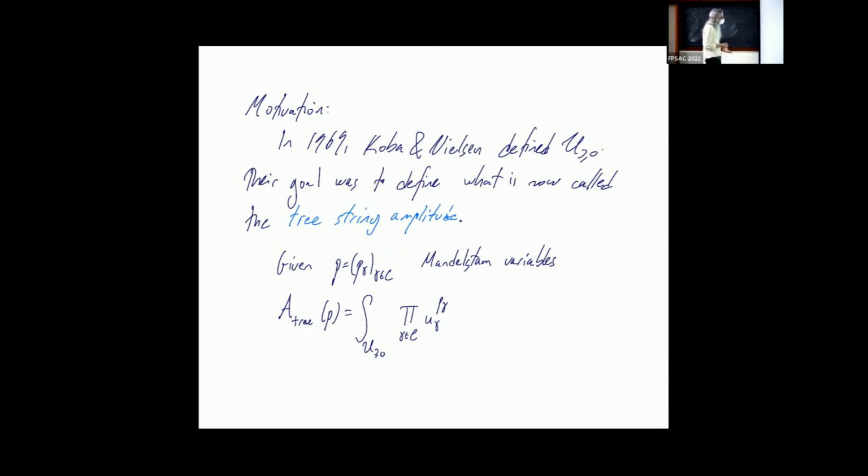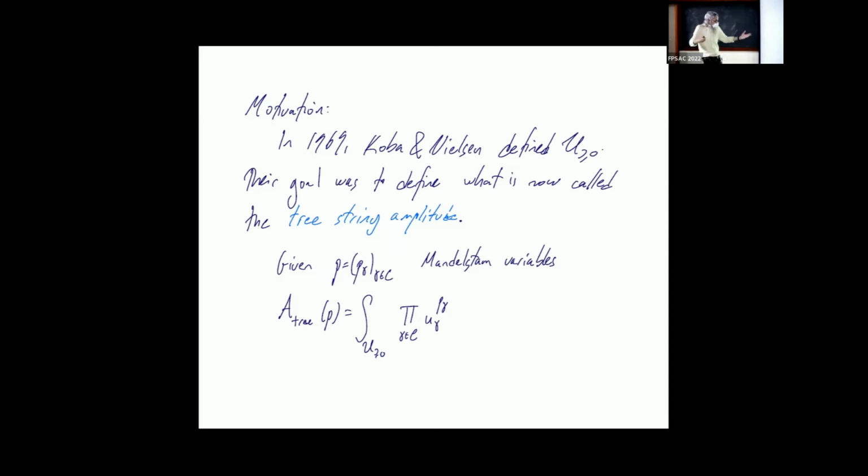And so the way the tree string amplitude works is it's a function of some variables associated with the curves. You can think of them, slightly loosely, as being momenta of particles. And so the goal is to describe some scattering process. So you have some particles that are coming in together, they're going to interact, they're going to zoom off again.